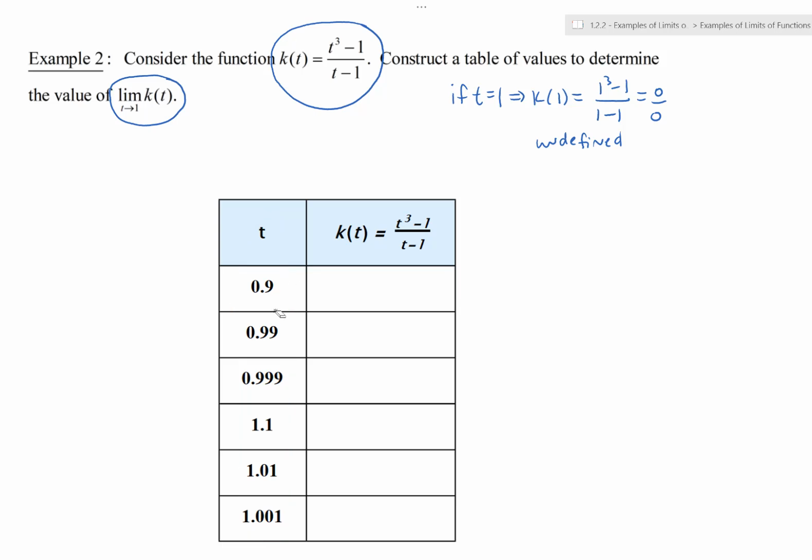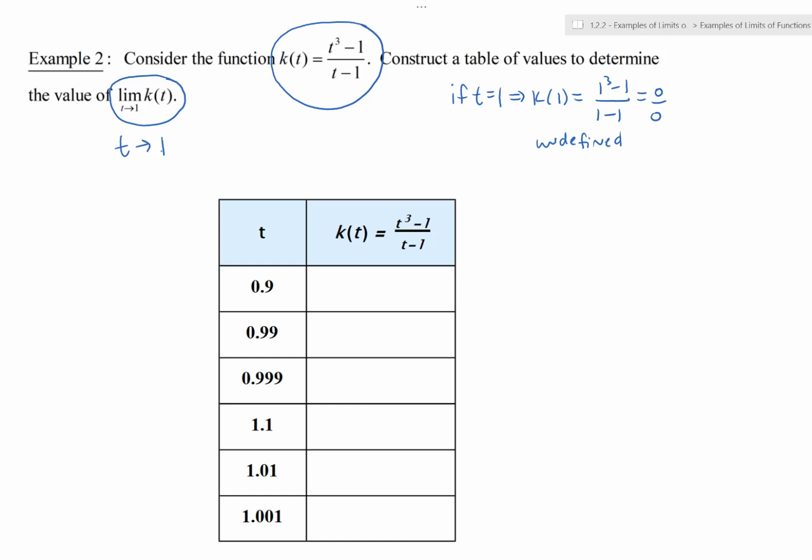Now, if no one gives you such a table, then you can always construct a table for yourself. Notice we're trying to approach 1 here in the t direction. So if we want to approach 1 on both the left and right hand sides of 1, then what we want to do is get really, really close to this location of 1 from both sides.